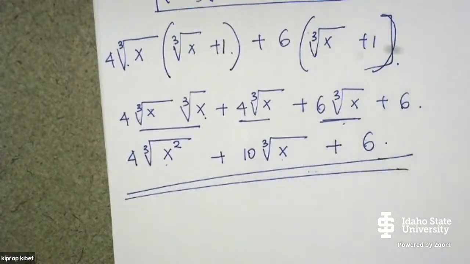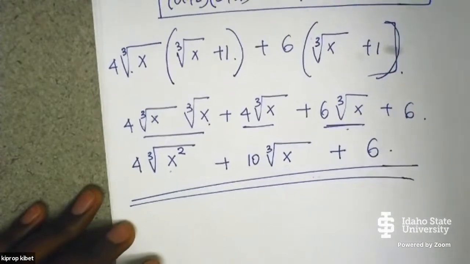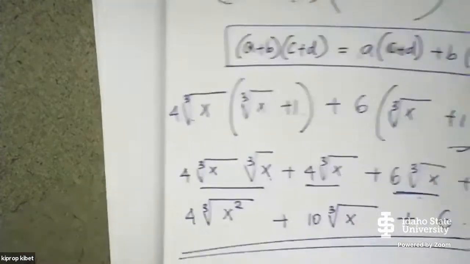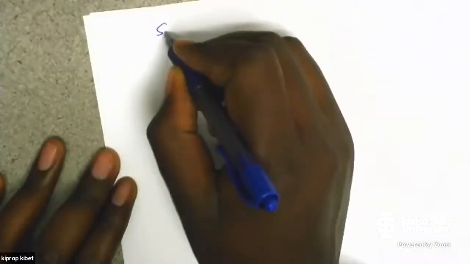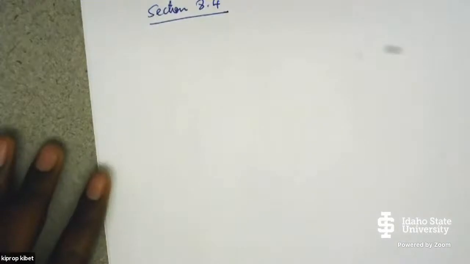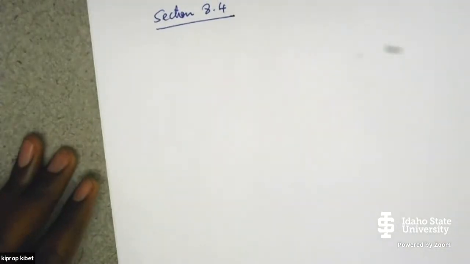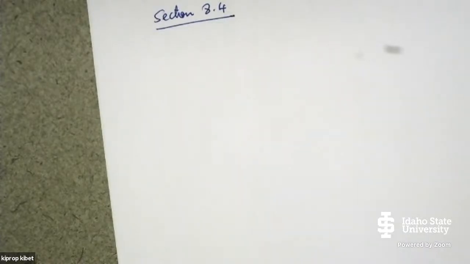Now let's come to section 8.4. And this one is the division of radicals.